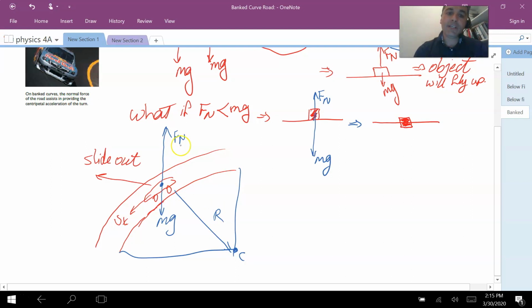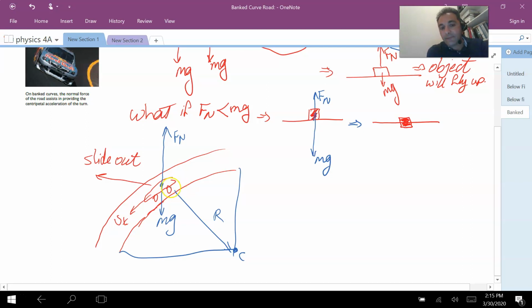So when Fn becomes more than mg, and the particle is like swinging, the car has tangent velocity, then that tangent velocity makes centripetal force. As we know, centripetal force is toward the center, but for any action there is a reaction, equal but opposite in direction.